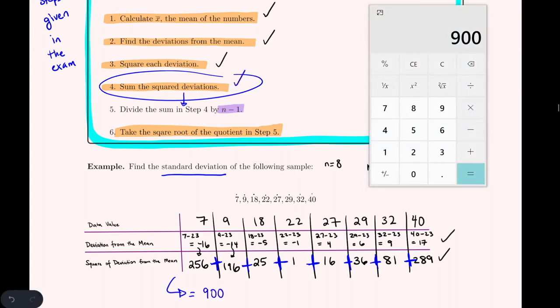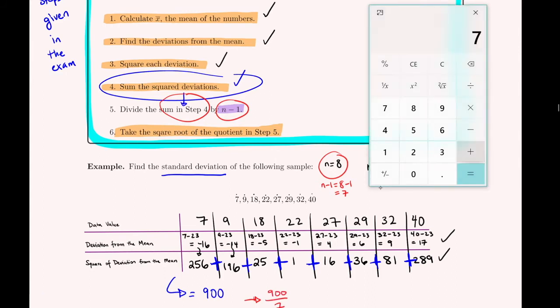Now, step 5 tells us to take this number, 900, and divide by n minus 1. Now our n was 8, so n minus 1 is 8 minus 1, or 7. So next we'll take the 900, divide that by 7, and we get, rounded to about 3 decimal places, 128.571. That's step 5.